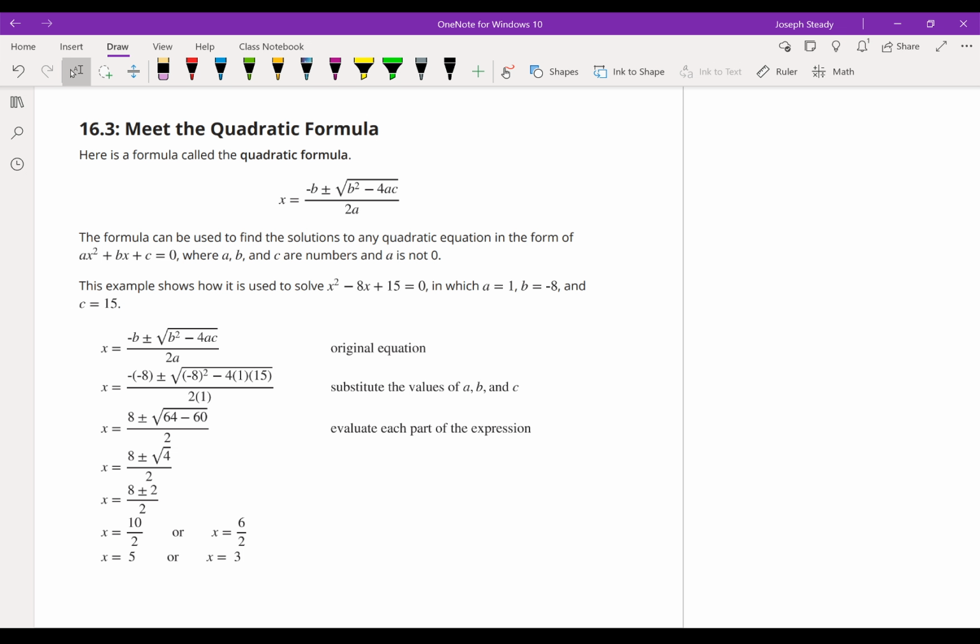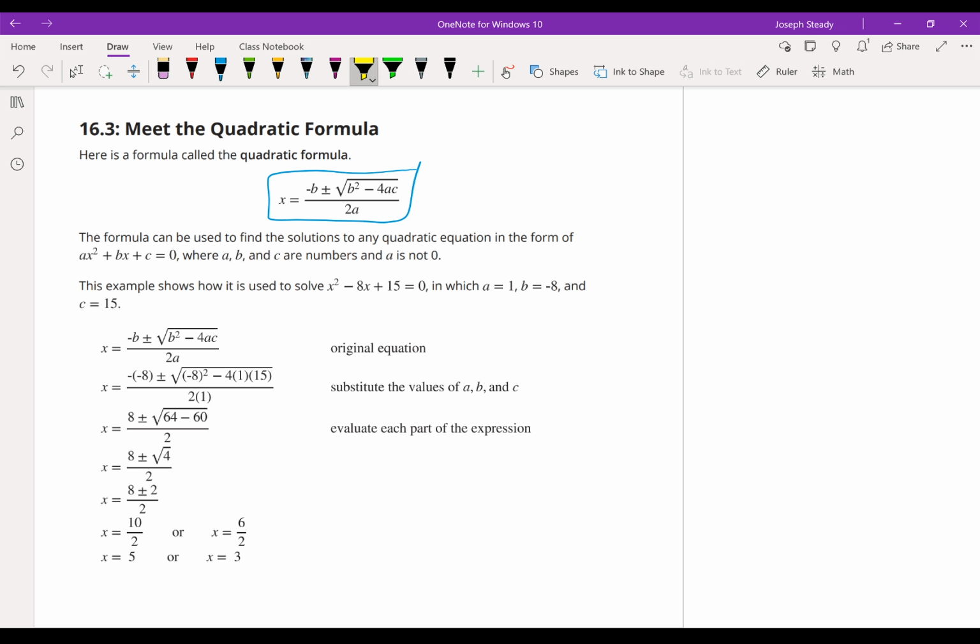Well, some of those work really well in certain situations, but the quadratic formula is a great tool for solving any quadratic equation, and I mean any. This will work every single time. So I just put the quadratic formula itself in a box, and you will notice there's a lot of letters flying around here, A's, B's, and C's.